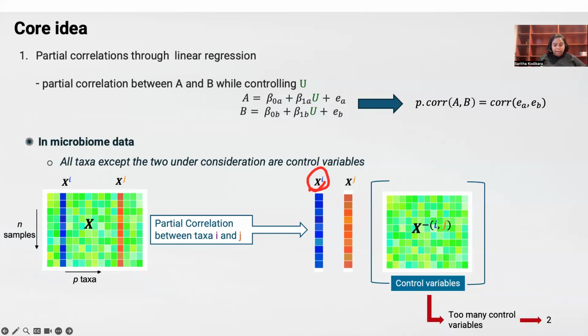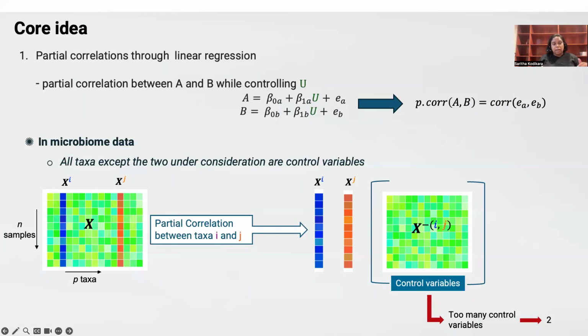You regress xi on all other taxa other than i and j, so you regress this column across all these green columns, and xj again across all these green columns. Then you get the residuals, and then you find the partial correlation for i and j taxa. Then you can do this repeatedly for all pairwise comparisons in our data.